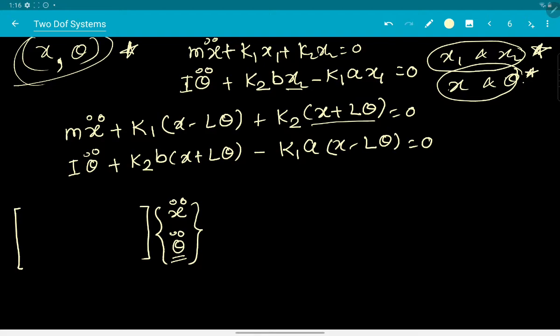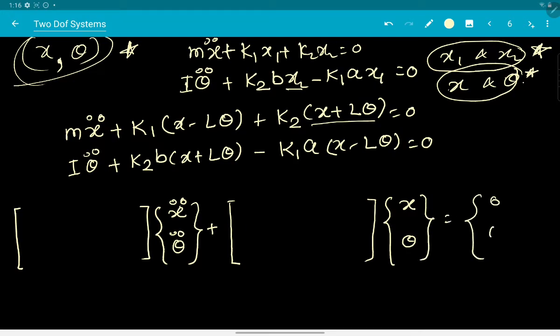So it's not a translation, we have one translation and one rotation. And the other one will be the stiffness matrix, and here you have x and theta coming into the picture, and that should be equal to 0, 0.